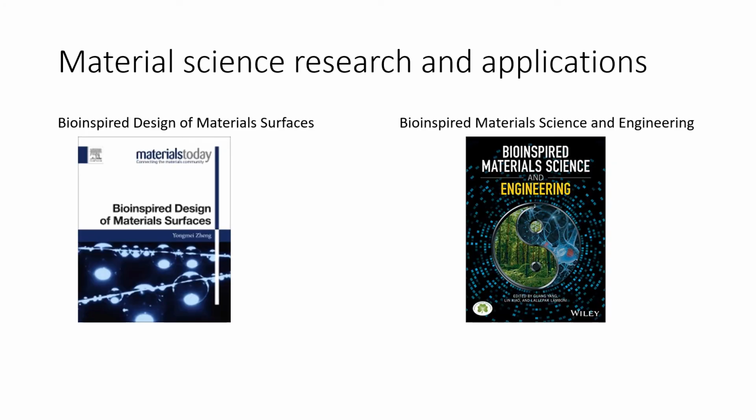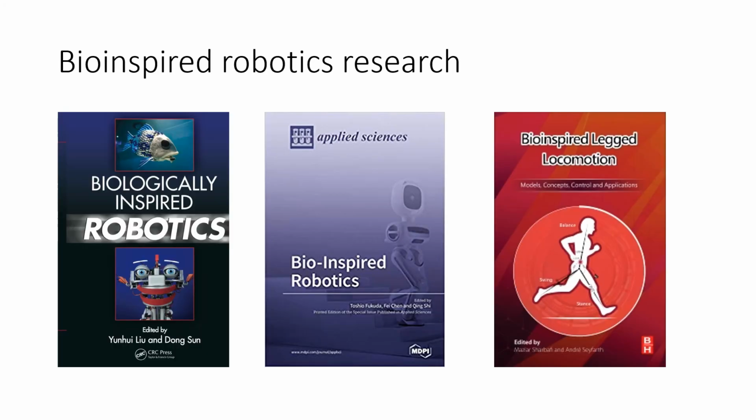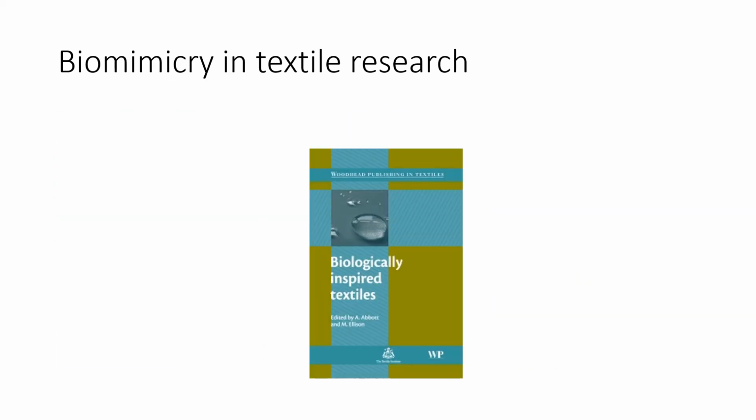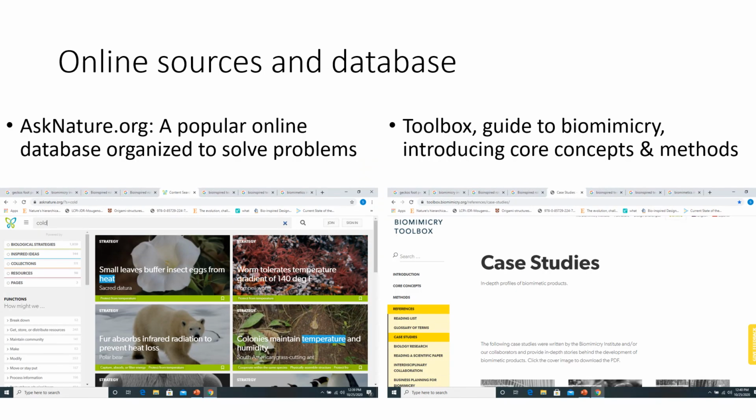There are many other materials science research books which focus on research and applications also. So Bio-Inspired Design of Material Surfaces and Bio-Inspired Material Science and Engineering, these are the two books. If you are interested in bio-inspired robotics research, then these are some of the books that you can refer to. If you are interested in textile research, then you can refer to this book, Biologically Inspired Textiles.